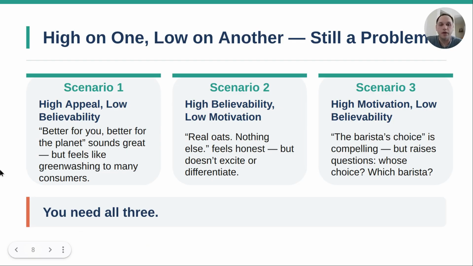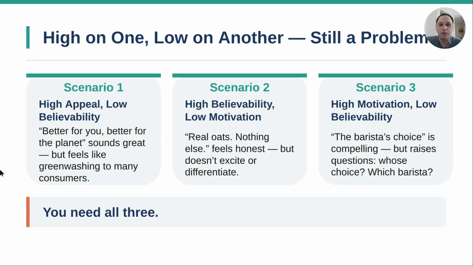Let me show you why all 3 matter by looking at what happens when a message scores high on just one. Better for you, better for the planet. Scores high on appeal. People love the idea. But for many consumers, it triggers skepticism. Is that actually true, or is this just greenwashing? High appeal, low believability, a problem. Real oats, nothing else.